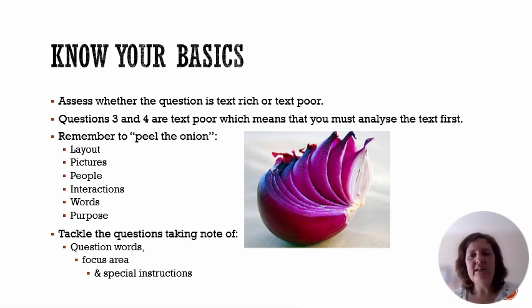Now, when we're looking at the pictures, there are going to be some buzzwords for advertising, and I'll speak to you about those in the next slides. And then lastly, we start looking at the words and the purpose of this particular document or this particular text. All right. And then once we have a good grip of what's going on in that text, then we go and do our question analysis and answer our questions.